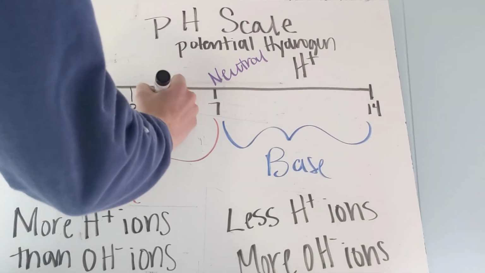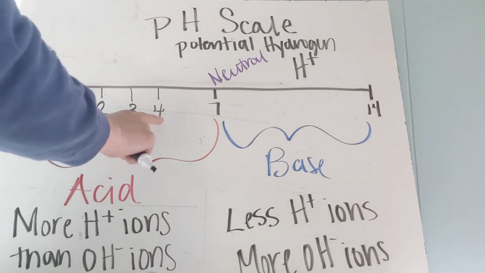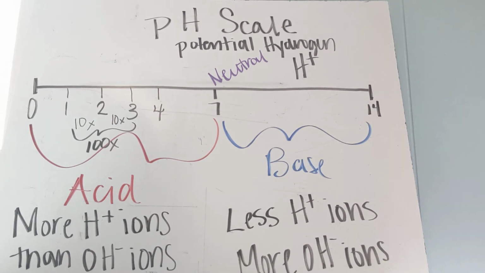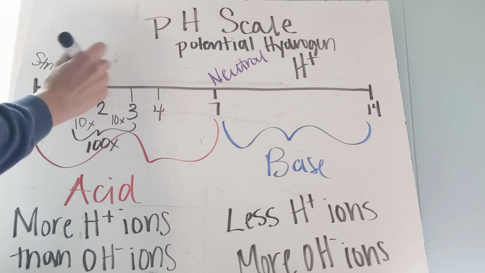If we go out to an acid that has a pH of 4, an acid with a pH of 1 would be 1,000 times stronger than a pH of 4. Also notice that stronger acids have a pH closer to 0.